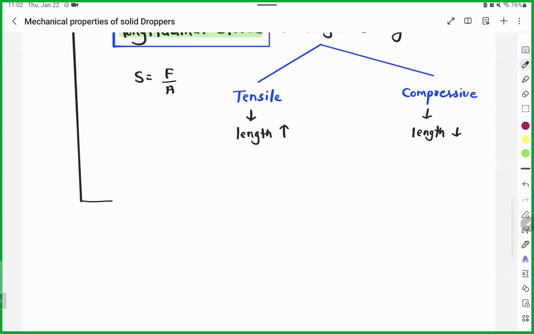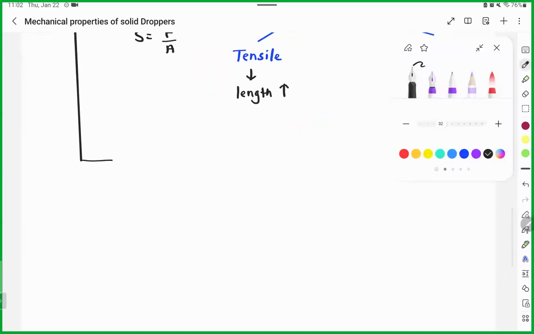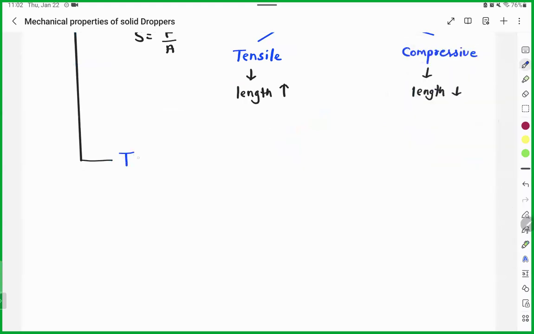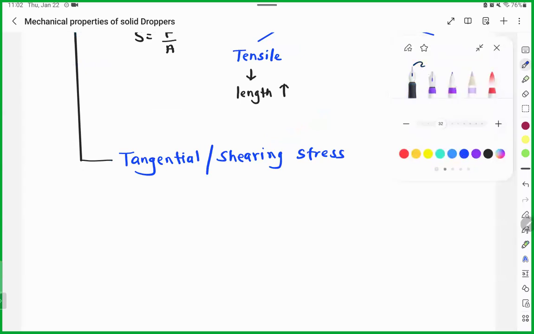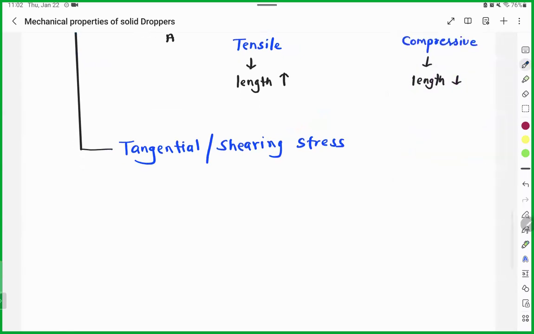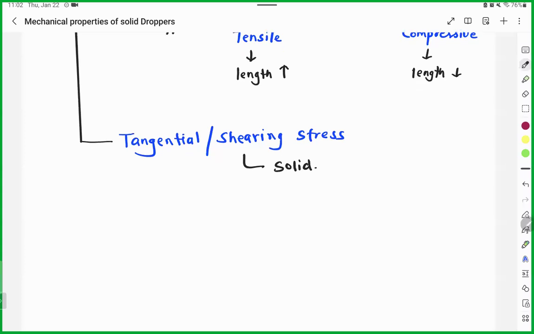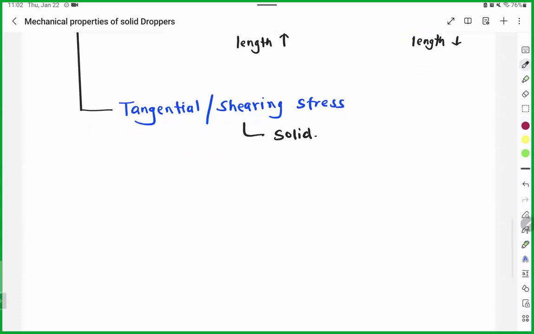Next, tangential or shearing stress. Jordan, what is tangential or shearing stress? I will not write many notes here, only explain more whatever is required for your exam. It mostly exists in case of solids, where one end is fixed and when you apply some force, then this end will move.